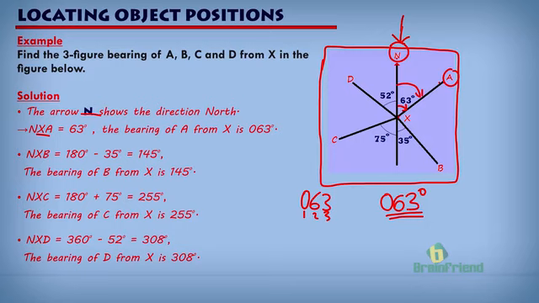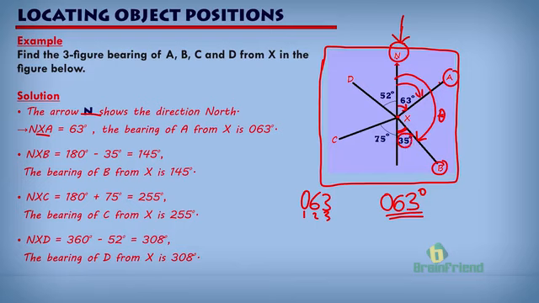Next, to find the point B, this angle here was given to us. But how do we find the direction of the point B from our point of origin X? We take our measurement from N, the north. This is the angle that we desire to know. It is unknown, but we know what this angle is here, 35 degrees.